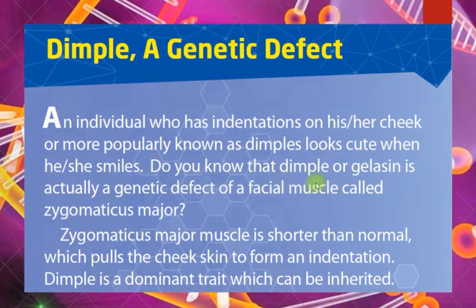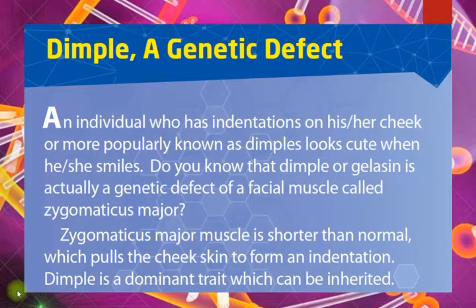Actually, a dimple is a genetic defect of a facial muscle called the zygomaticus major. The zygomaticus major muscle is shorter than normal, which pulls the cheek skin to form an indentation. A dimple is a dominant trait which can be inherited. So dimple is one of the genetic defects.